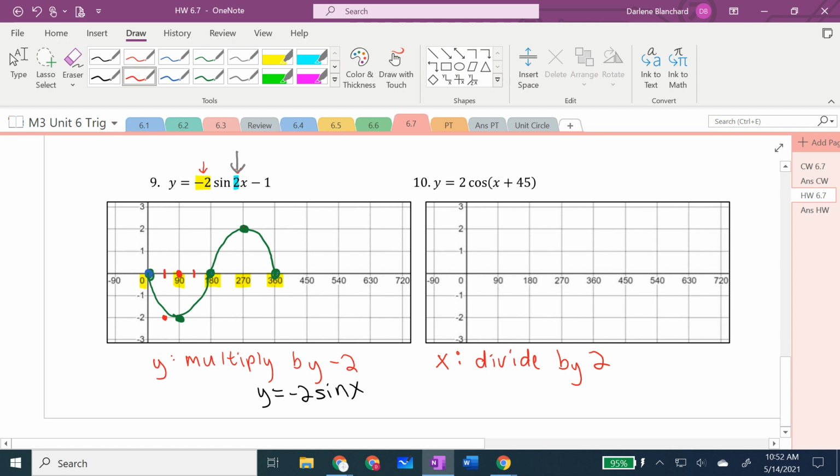At 270, my parent graph is at its highest point. So that means that at this x coordinate, my highest point is being compressed in by 2. And then 360 divided by 2 is 180.